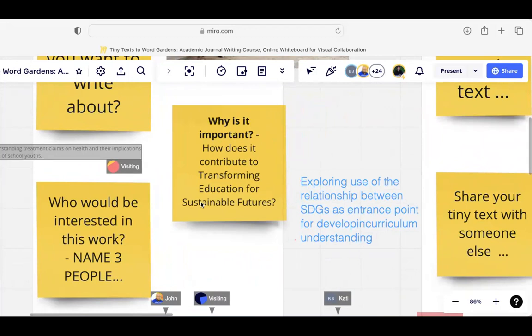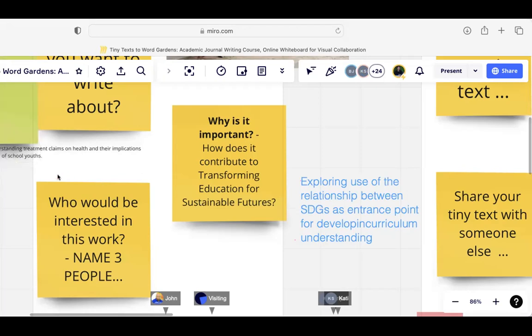Just add it to your own notes. This is a very, very important question, because if you can't answer it for yourself, then your readers are not likely to see what you're trying to communicate. So it's really important for you to answer that question.